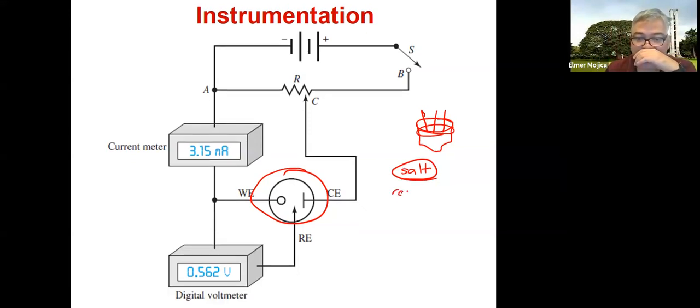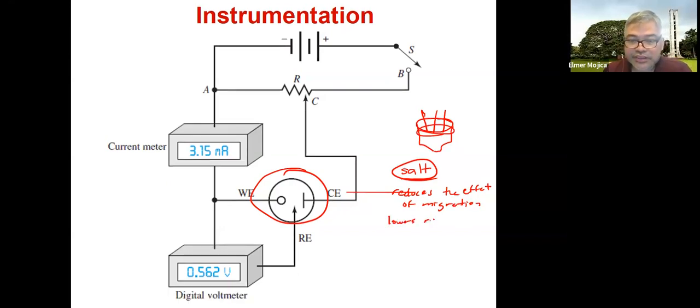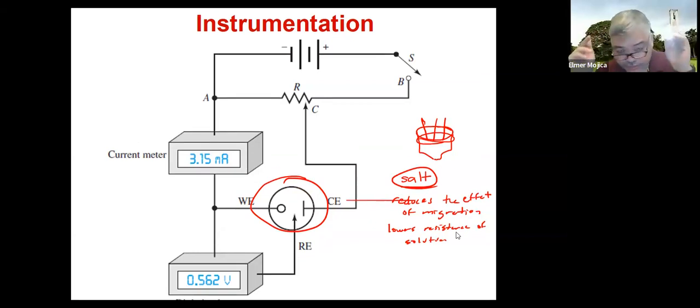So they reduce the effect of migration and lower the resistance of the solution. So that is the four components that you need in a voltammetric cell.